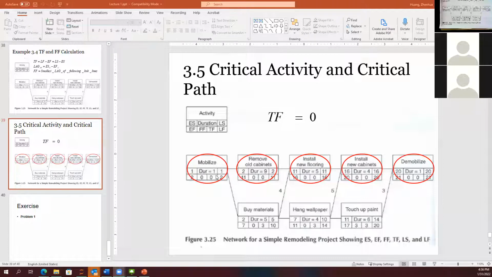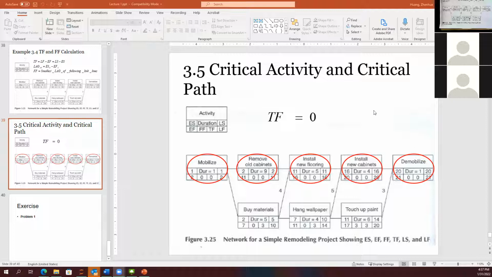Along one line, from the beginning, track all activities. Everywhere free float and total float are zeros, then that's the path from beginning to the end.